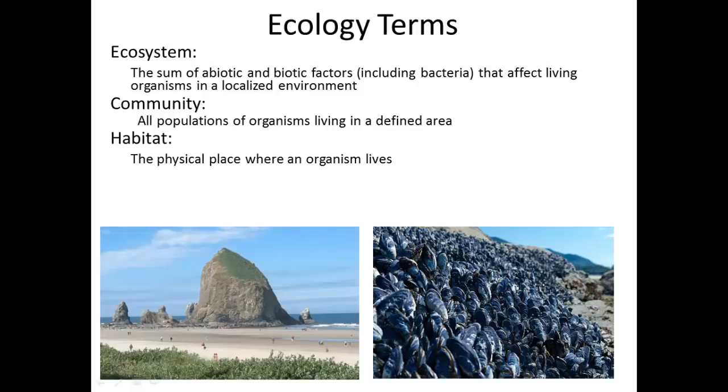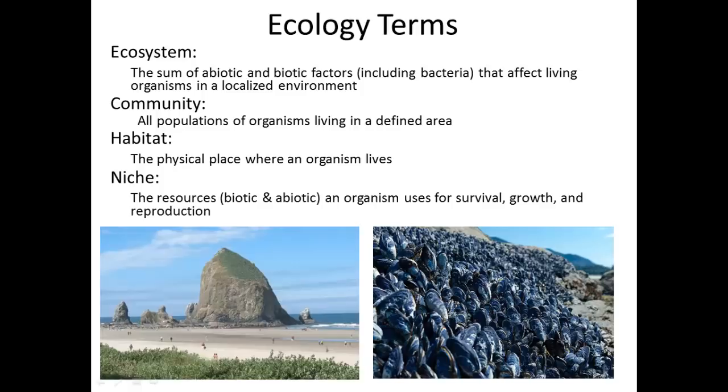Habitat, so this is the physical place where an organism lives. You can have a microhabitat, very small little piece within a larger landscape, or you can have a macrohabitat. And the niche, this is the role that an organism plays within an ecosystem. What are the resources it needs to survive, both biotic and abiotic?